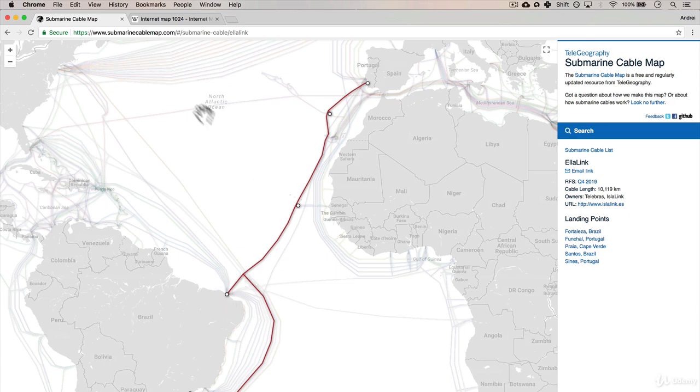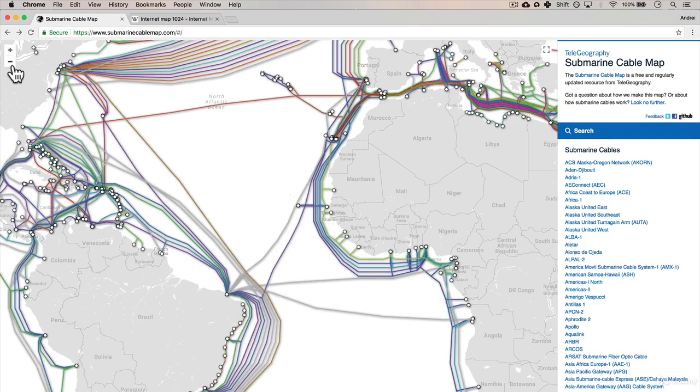Isn't that cool that there's physical cables that are connecting and creating this internet? There are times where somebody destroys something or something happens where these cable connections are cut off, and you sometimes lose internet connection that way. But yeah, the internet backbone is literally just this.